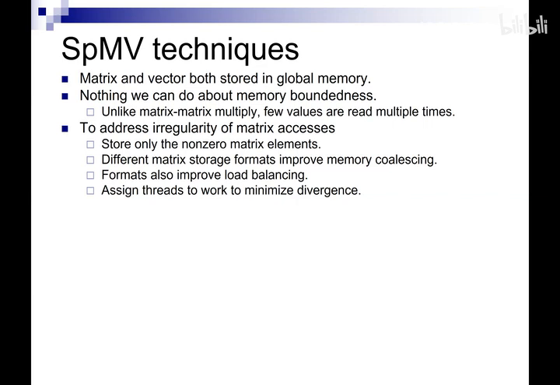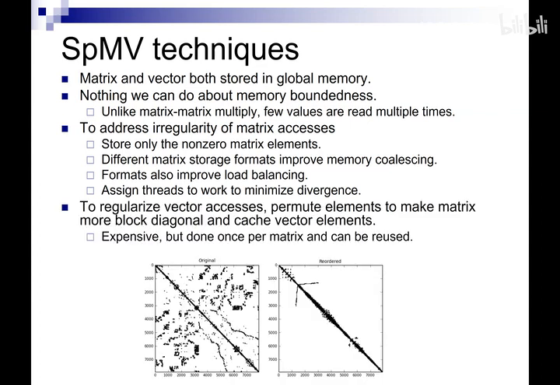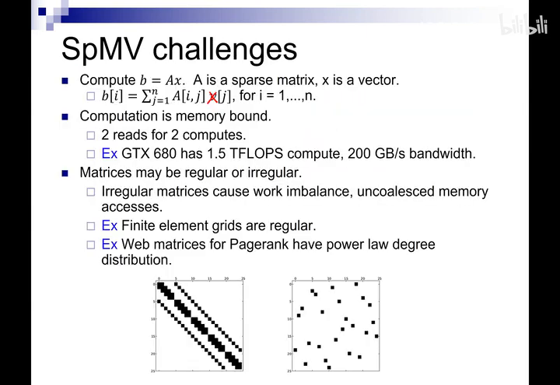To some extent, by using these different storage formats, we can get pretty regular accesses to the matrix elements. However, in addition to the matrix elements, you also have to access the vector elements. Because, for example, if we go back to this equation over here, you see that not only are you going to access the matrix elements, you're also going to be accessing the vector elements.